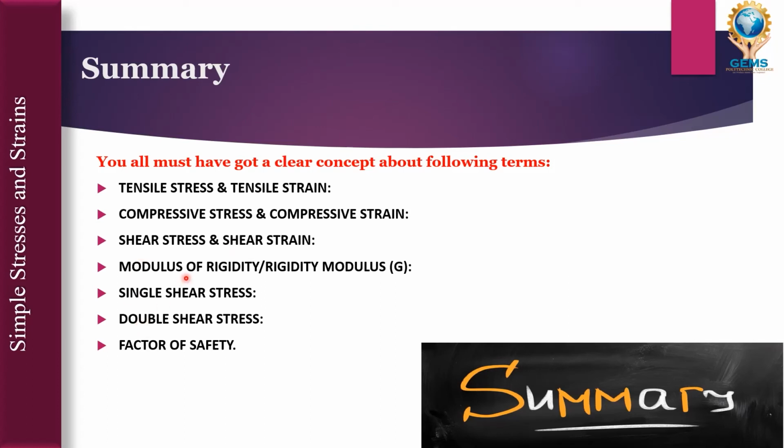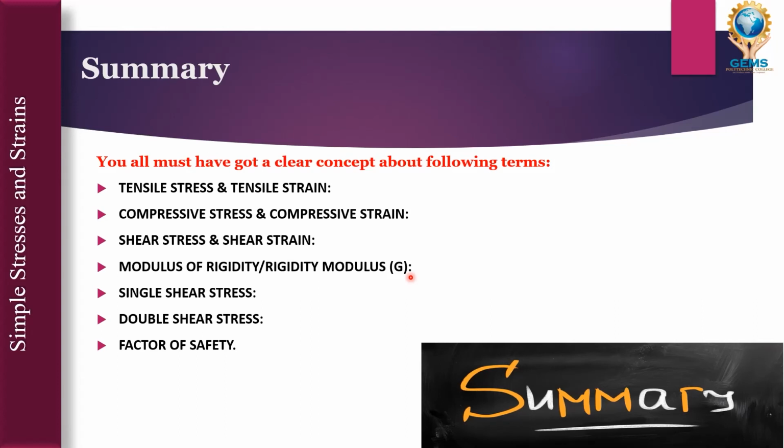Then we will see modulus of rigidity, which is also known as shear modulus or rigidity modulus. It is denoted by G, C or N. What is it? The shear stress divided by shear strain is known as modulus of rigidity or rigidity modulus.